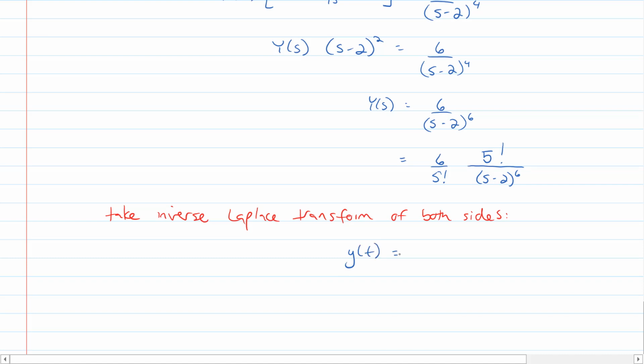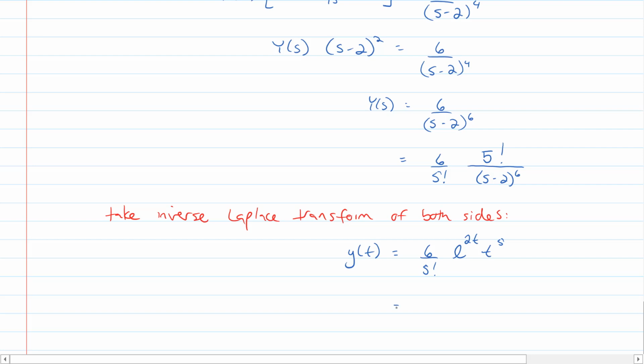And the inverse Laplace transform of the right-hand side is going to be 6 over 5 factorial times the inverse Laplace transform of 5 factorial over s minus 2 to the 6. The s minus 2 is a shift of 2. That gives us an e to the 2t. And the 5 factorial over a linear function of s raised to the 6th power is going to give us t to the 5th.